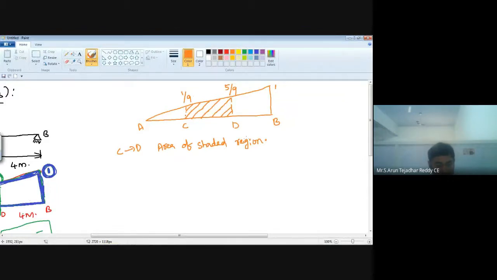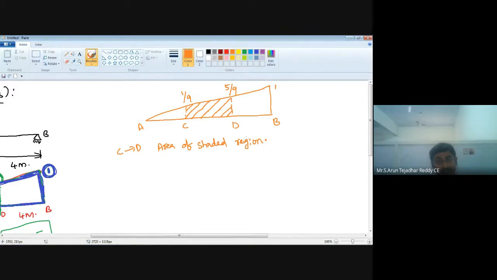Okay, now find out RB. In the previous condition, we have seen load into ordinate, because the load was acting at a particular point.